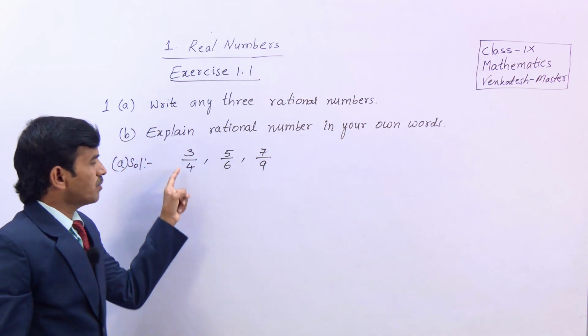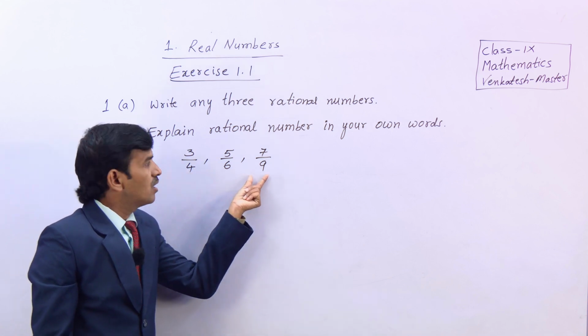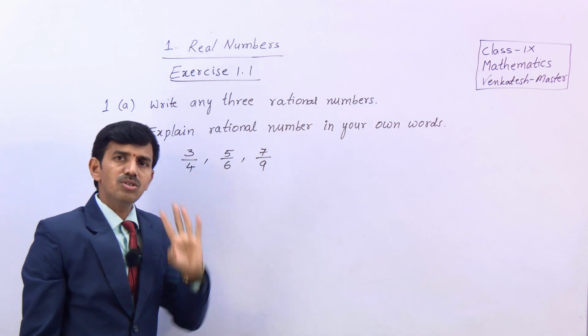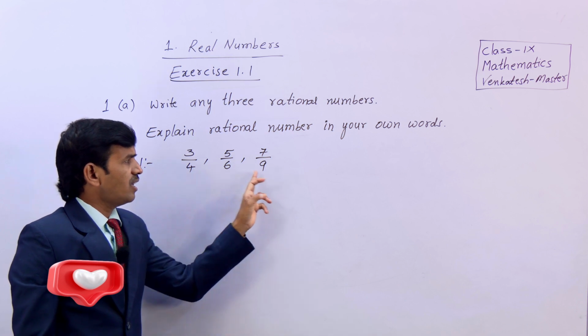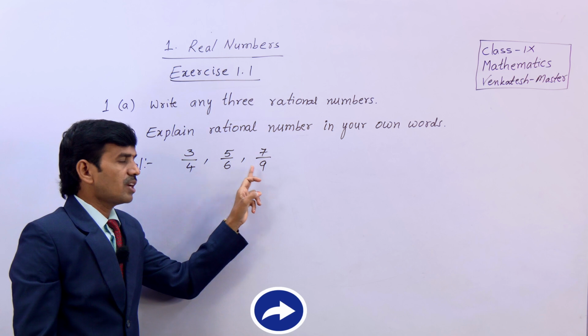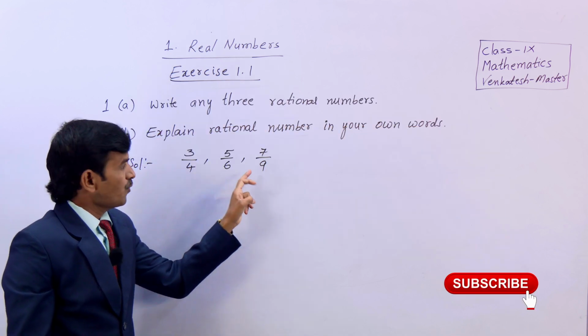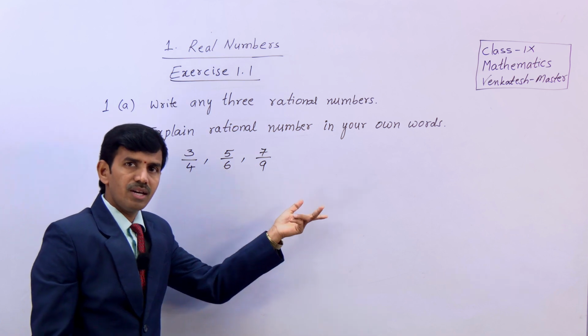The condition is what? The denominator must not be equal to 0. We can write any numbers in the numerator and denominator, but in the denominator 0 must not be written. If you write 0, what will happen?